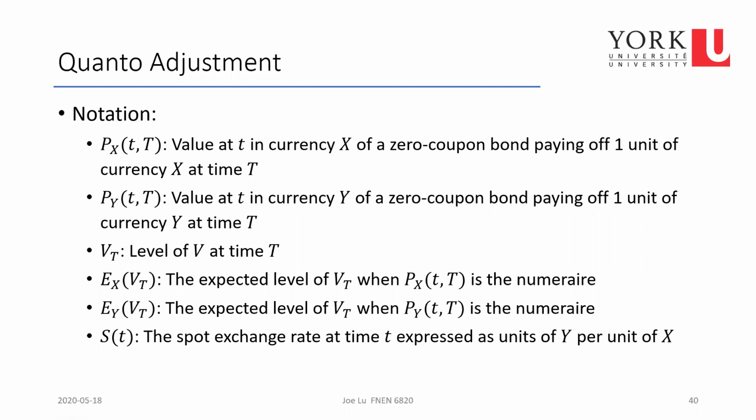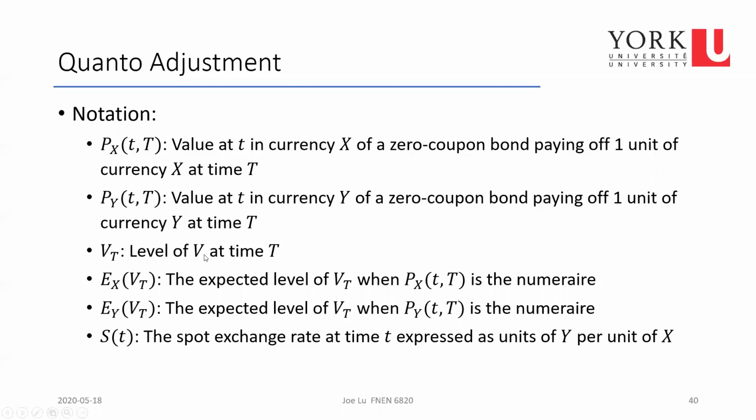So this PX here is the zero coupon bond denominated in currency X between time little t to big T. Likewise, PY is the price of a zero coupon bond denominated in currency Y between time little t to time big T here.